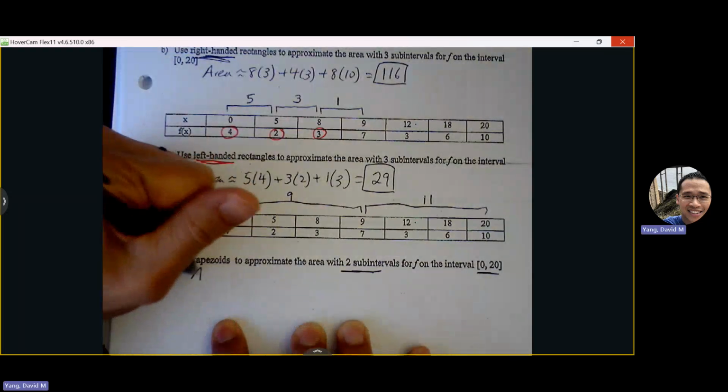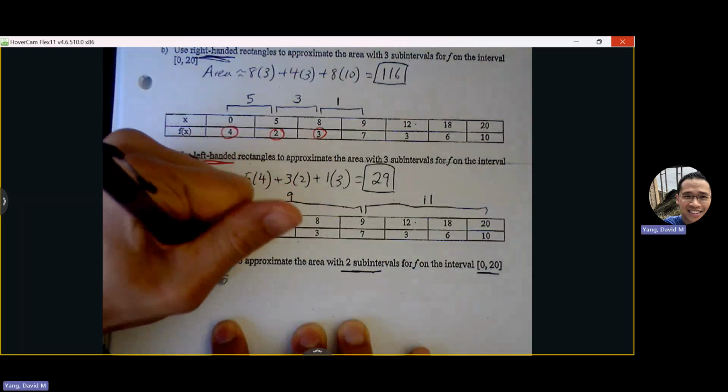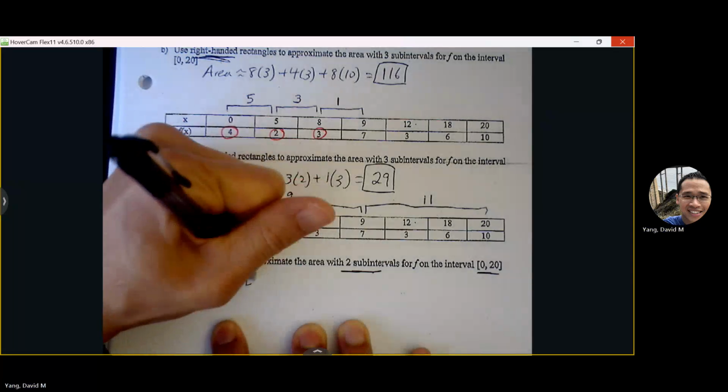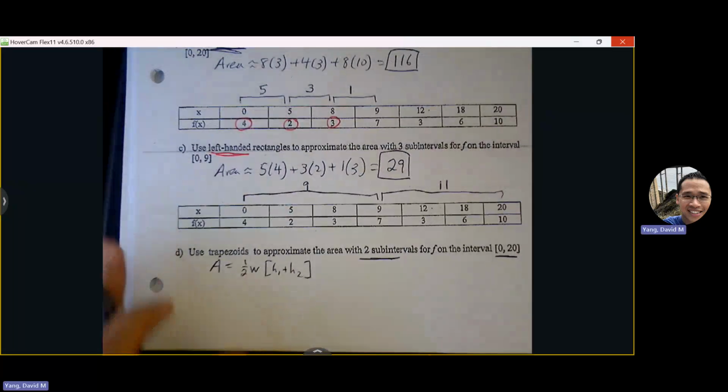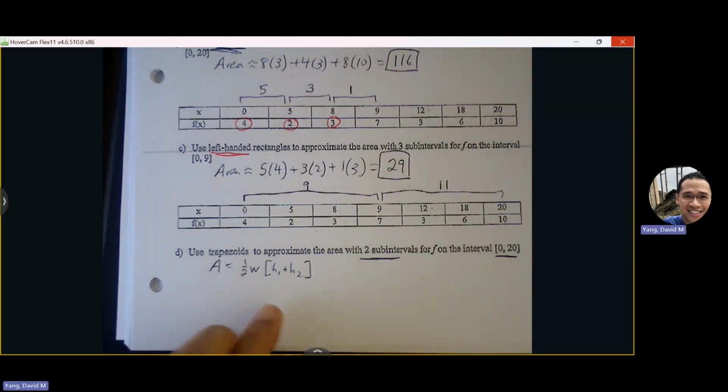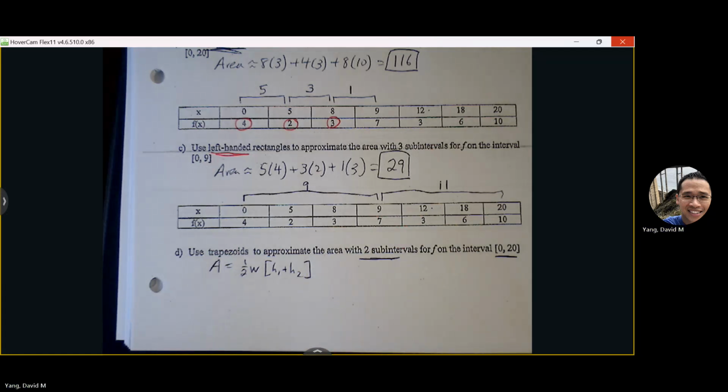Now, area of a trapezoid is 1/2 width times height 1 plus height 2. Again, it kind of resembles the triangle formula, right? But we're only going to pick out 2 heights for every trapezoid. So guess which 2 heights we're going to choose for the first trapezoid? Good.